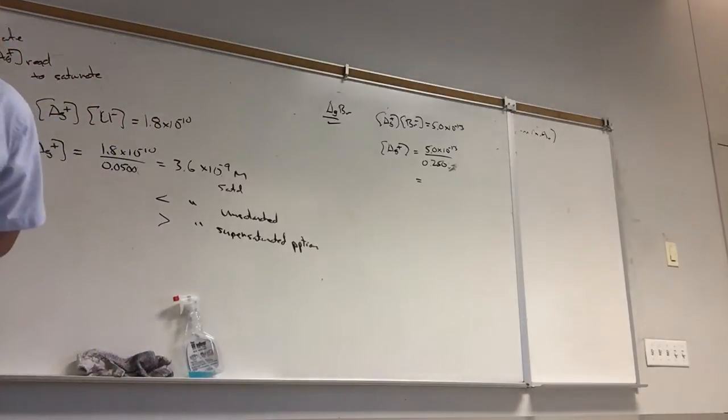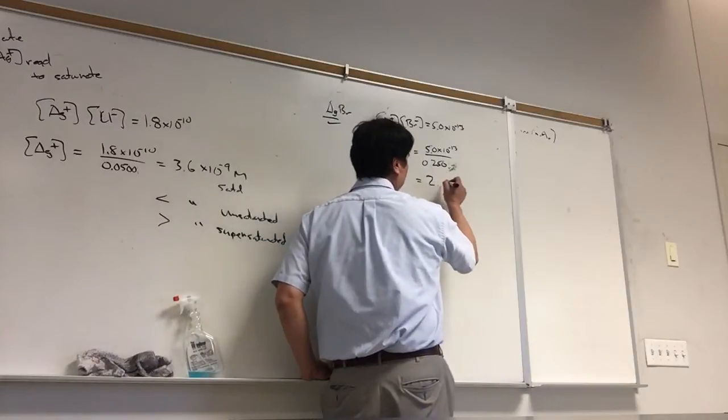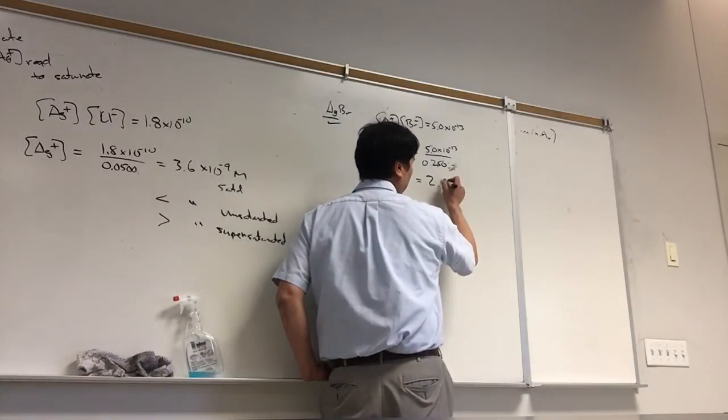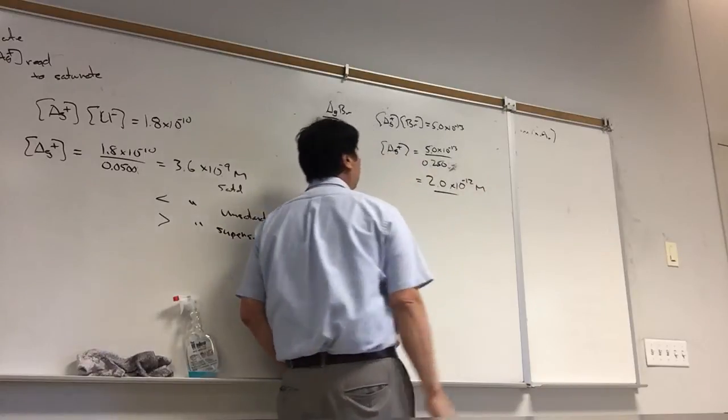And this means that the silver ion concentration must be what? 2.0 times 10 to the negative 12 molar.